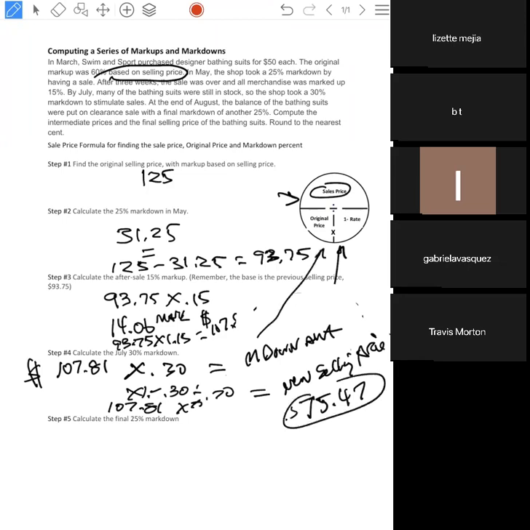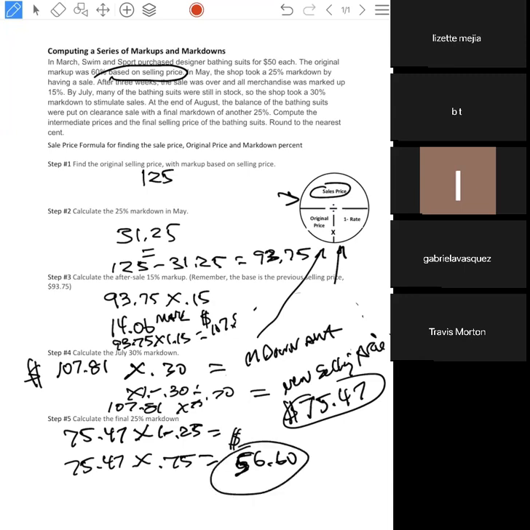And then the last thing is if they're still not selling, so I'm going to do an additional 25%. So again, 1 minus 0.25 is 0.75. So what is the final selling price? 56.60. So I'm selling them for $56.60. So that's ultimately my answer.